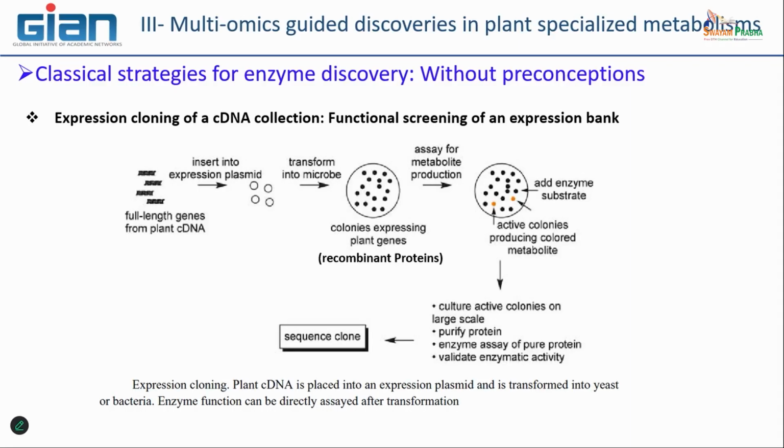It means that instead of just a prokaryote cell with a plasmid containing a cDNA sequence, this particular cell is also able to express this cDNA and accumulate the corresponding protein in the cell. This is what we call an expression bank.